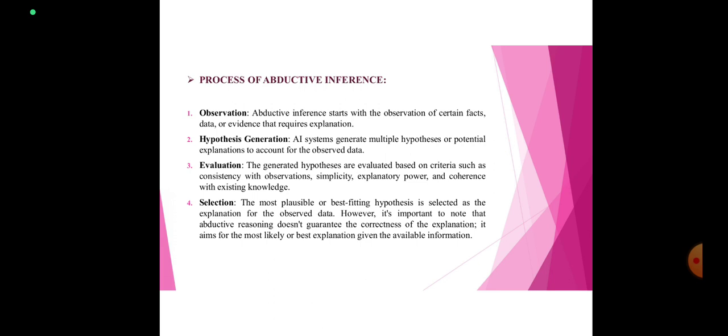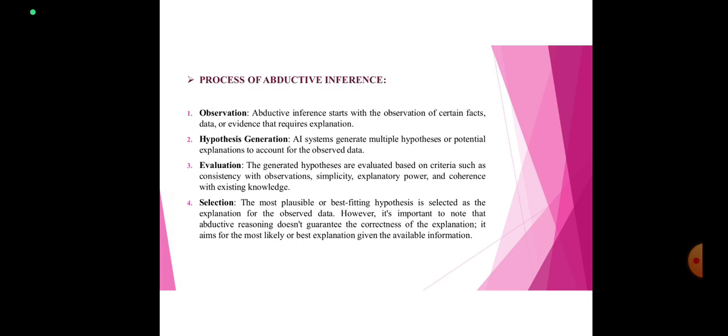Some of the processes involved in this abductive inference are, first, observation. Initially we observe the certain facts that are provided, which are required for formulating the explanation. Then hypothesis generation. Multiple hypotheses are generated according to the observed data, and from these we have to take the best one. Evaluation.